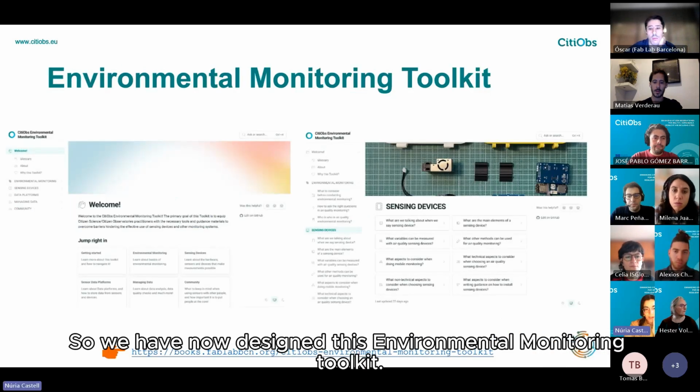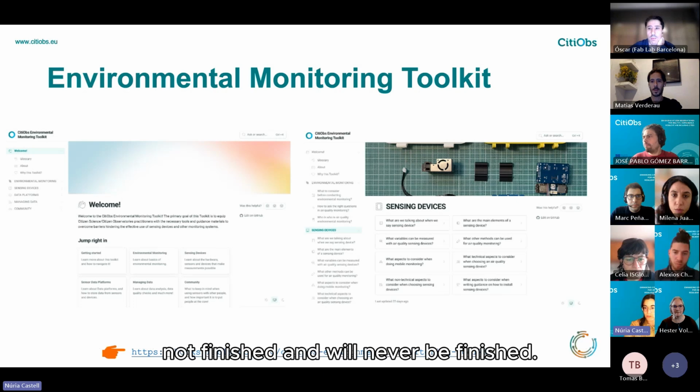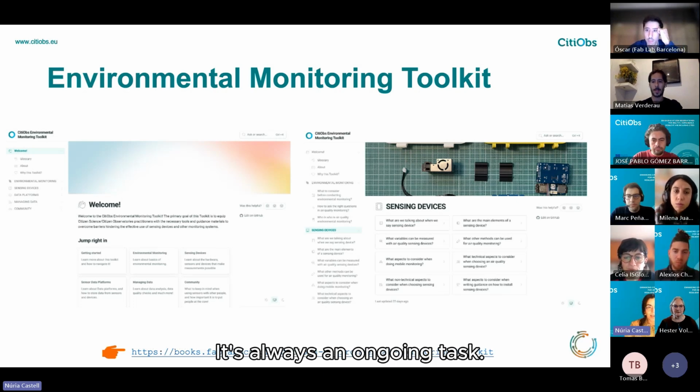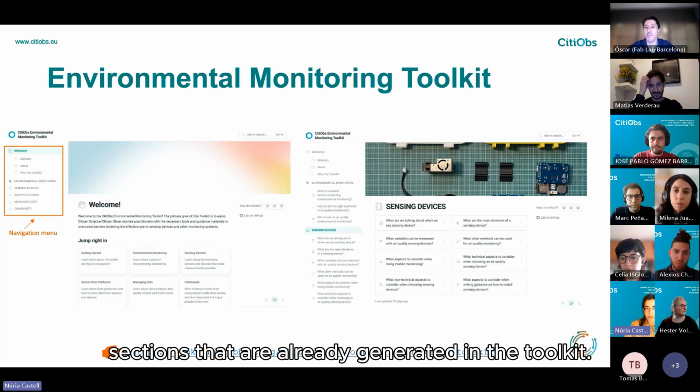So we have now designed this environmental monitoring toolkit. We will also send you the link to this. It's already openly available, but still is not finished and will never be finished. It's always an ongoing task. And when you enter into this link, you will see a navigation menu that goes to the different sections that are already generated in the toolkit.